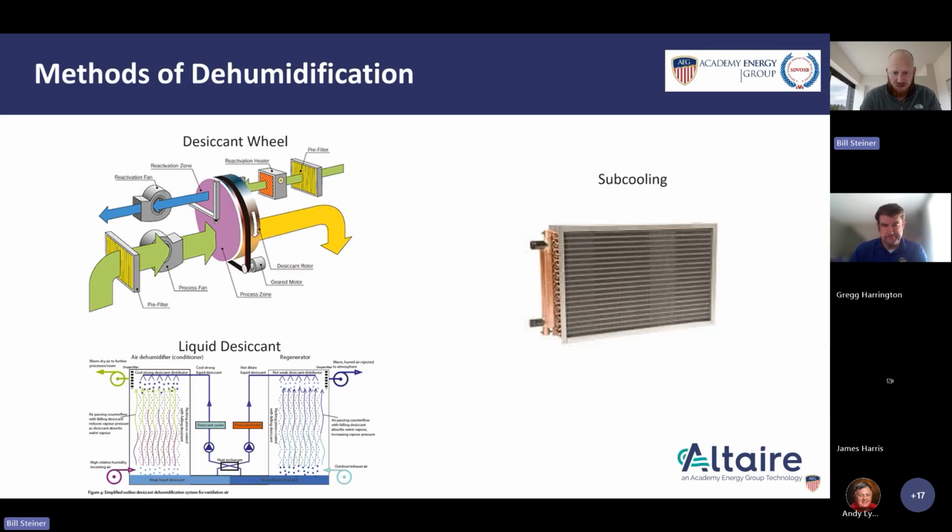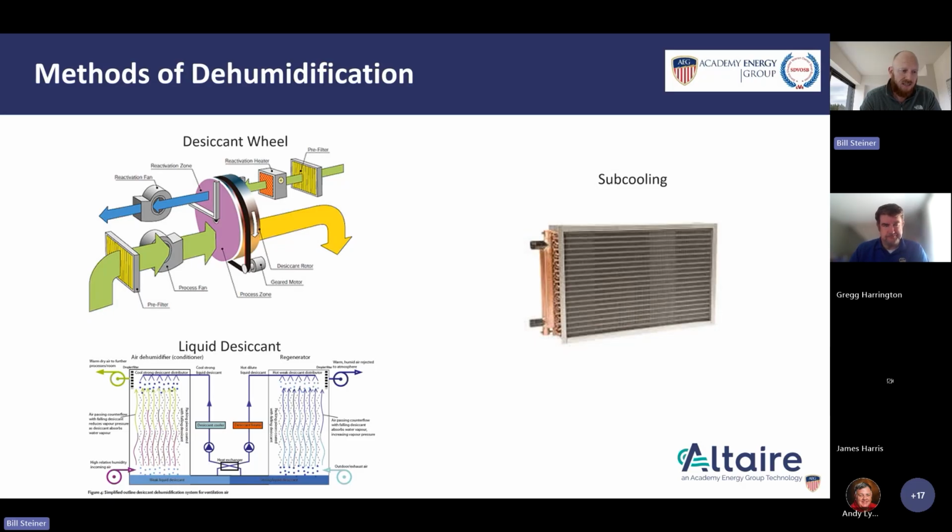For purposes of today's discussion, we're going to talk about subcooling, and I believe that these pictures represent a pretty good visual of the complexities of using desiccant versus the simplicity of using subcooling, right? When we talk about subcooling, it is how do I make this airstream cold enough to get to a dew point that I want?